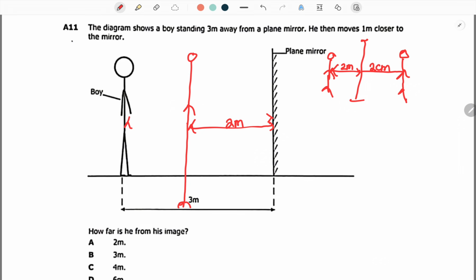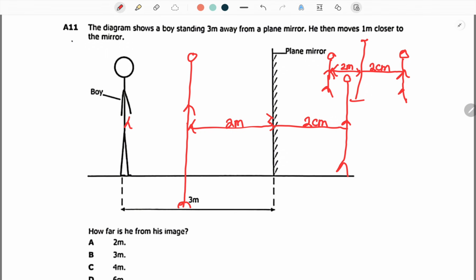If you stand like this, your reflection will be 2 meters away from you. In other words, the distance from the mirror to where you are is the same distance the image will be from the mirror on the other side. So since this guy moved 2 meters close to the mirror, the image is also going to be 2 meters away from the mirror.